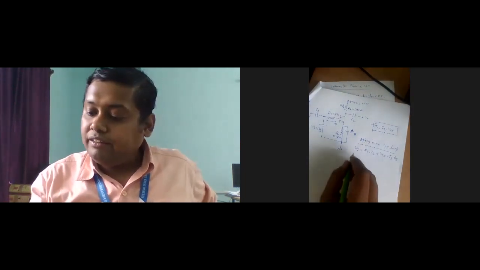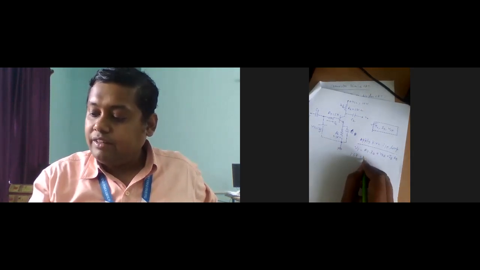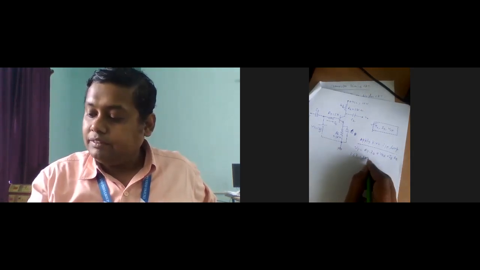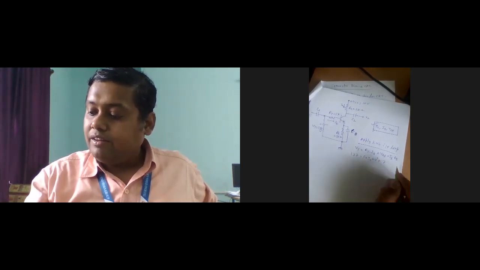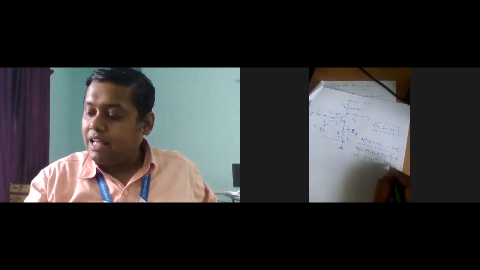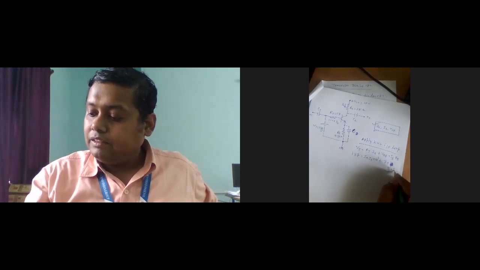So what is the value of VT? VT का value है 1.67, RT है 5 into 10 to the power 3 into IB, plus 0.7, plus IE into RE, that means IC plus IB into RE.